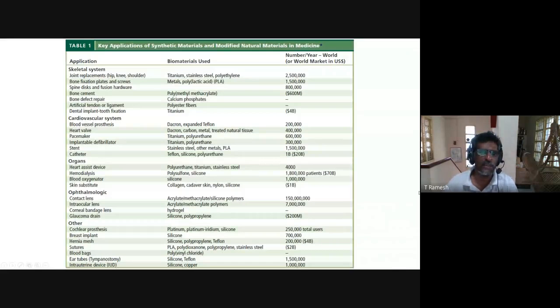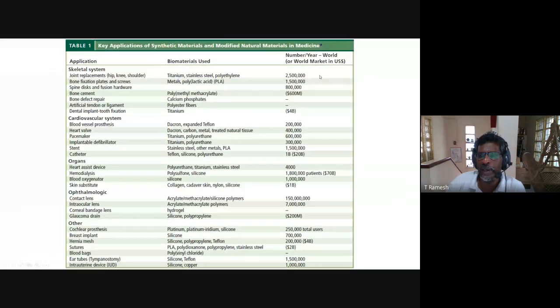Now let us have a broad idea about the applications of synthetic materials and modified natural materials in medicine. These are the various applications developed through biomaterials, like joint replacements, where they use titanium, stainless steel, or polyurethane.